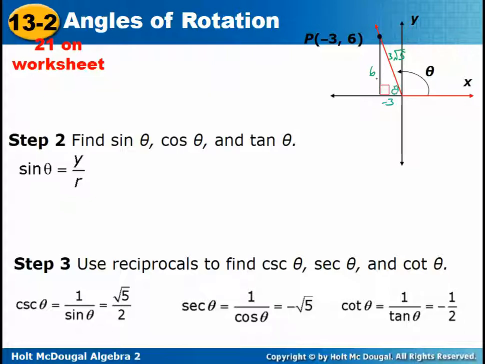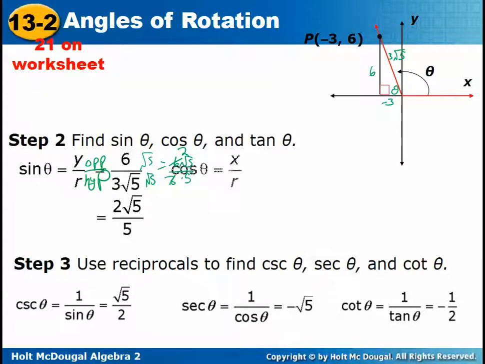The sine is opposite over hypotenuse. So that is 6 over 3 square root of 5. And then when you rationalize it, you get 2 times square root of 5 over 5 because you multiply top and bottom by the square root of 5. 6 square root of 5 over 3 times 5, and then that simplifies to 2 square root of 5 over 5.